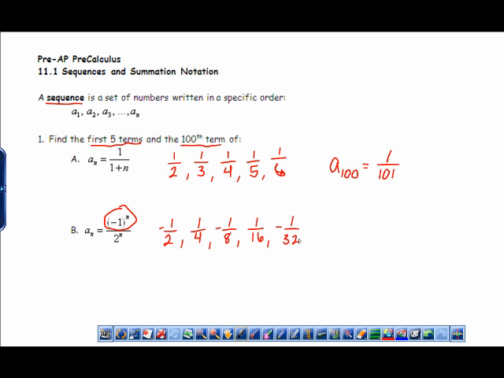Again here, all the odd number terms are negative, 1, 3, and 5, and the even number terms were positive. So what do you think a sub 100 should be? Without plugging it in, do you think it should be positive or negative? Well, 100 is an even term, so it should be positive. And I'm not going to make you do 2 to the 100 power. We're just going to write it.